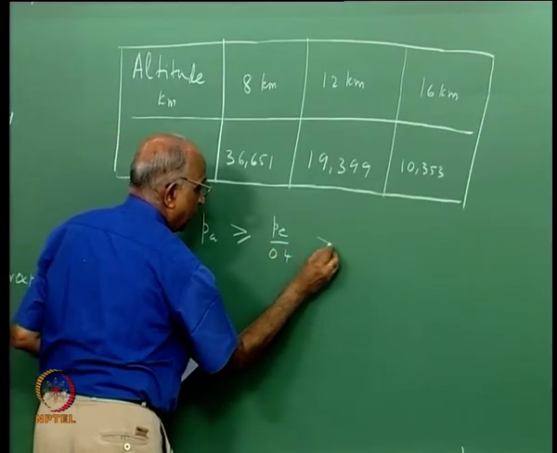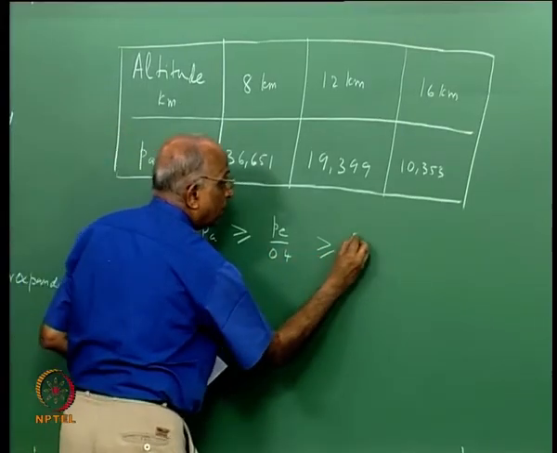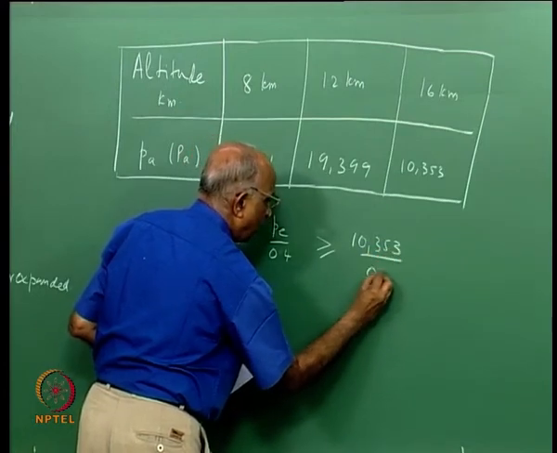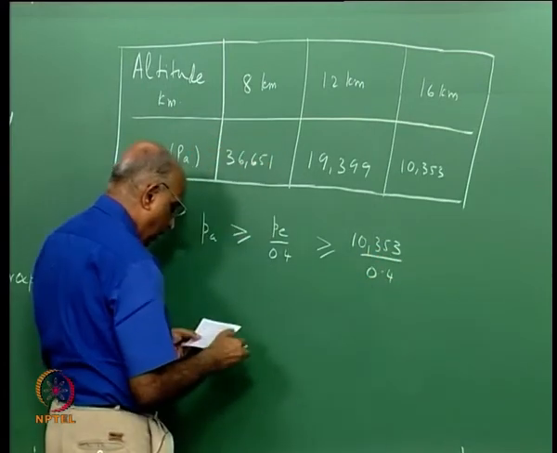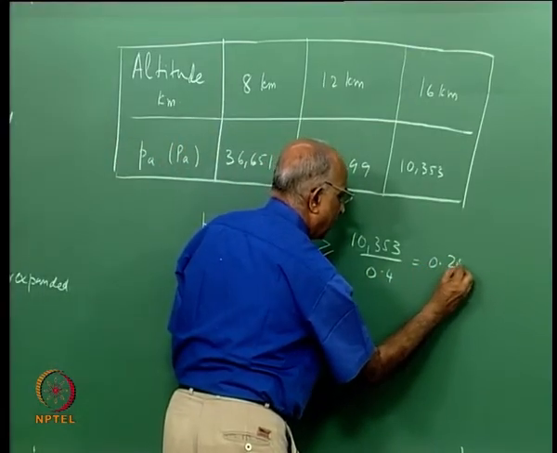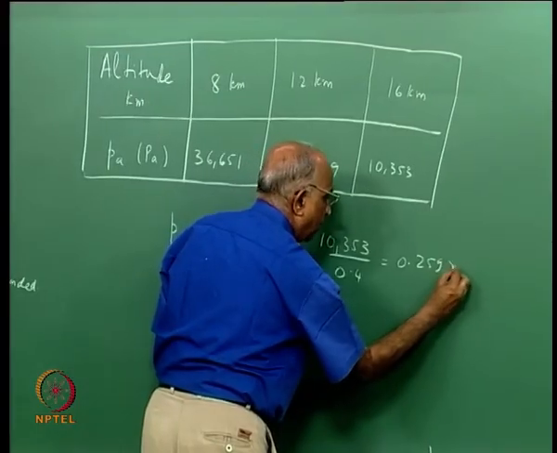Therefore, Pa must be greater than or equal to 10,353 divided by 0.4, and this is equal to 0.259 into 10 to the power 5 Pascal.